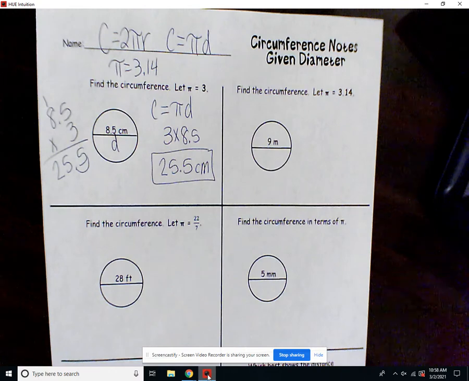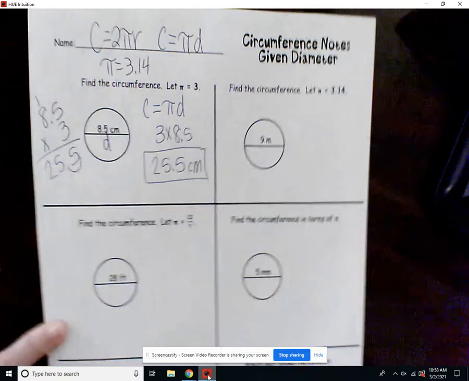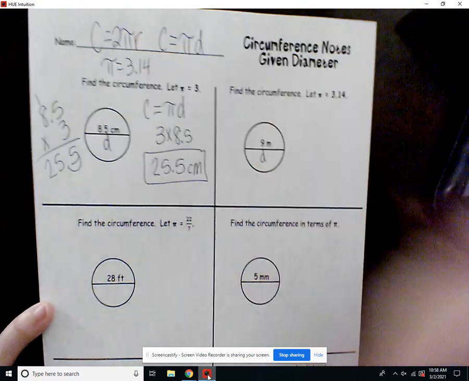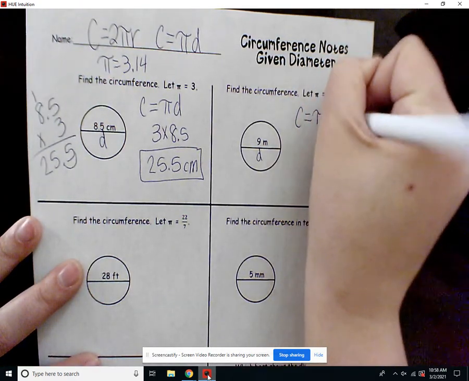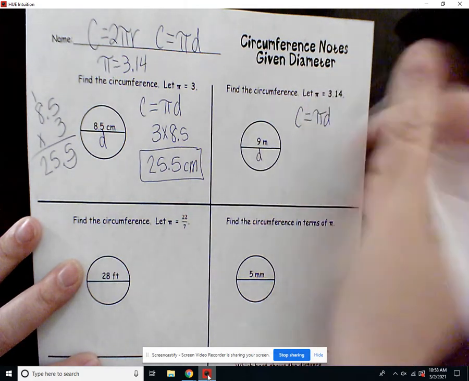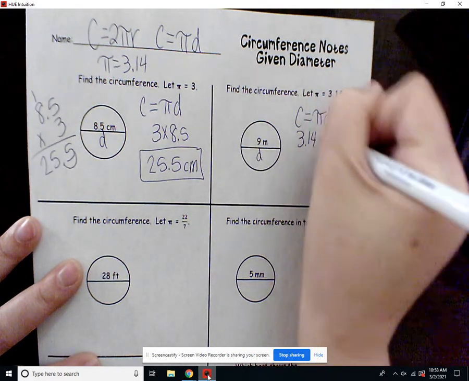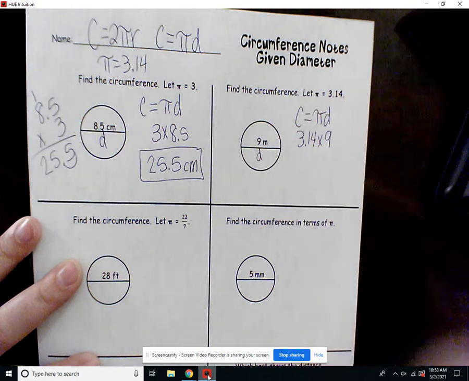All right, so the one next to it, find the circumference. Let pi be 3.14. So again, our diameter goes all the way across. We have C equals pi d. Pi will be 3.14, and then my diameter is going to be 9.